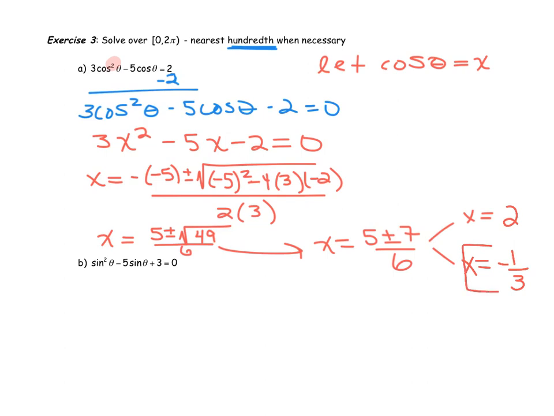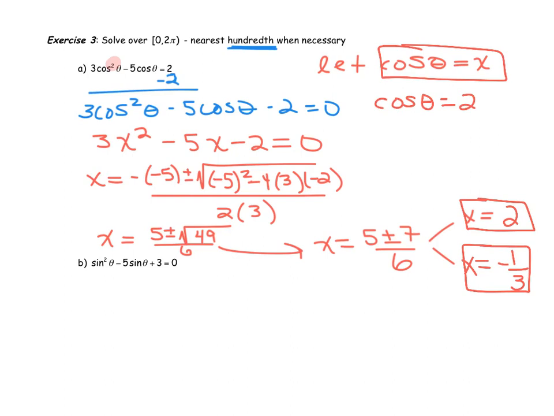You just have to go back and remember, we said x was equal to the cosine of theta. So that really means the cosine of theta is equal to 2, and the cosine of theta is equal to negative 1/3. We just did a substitution here to make our lives a little bit easier.